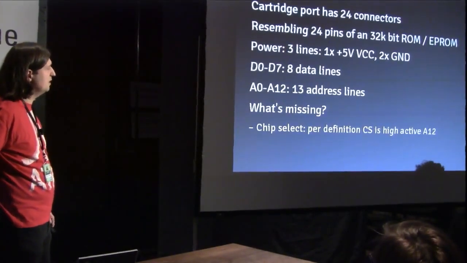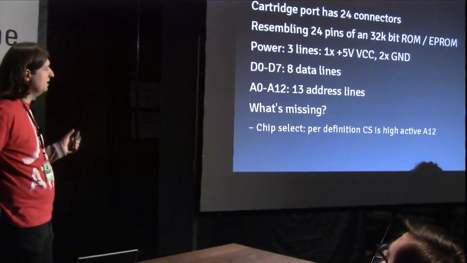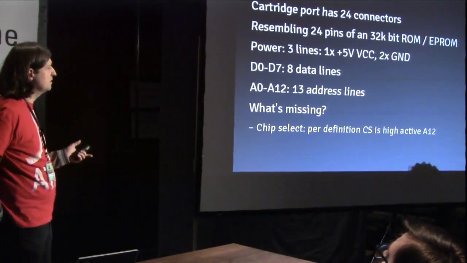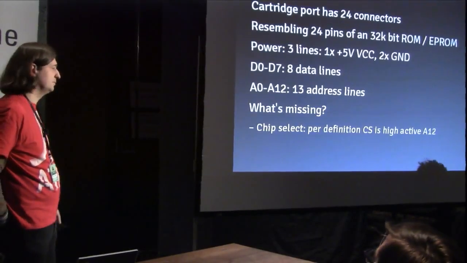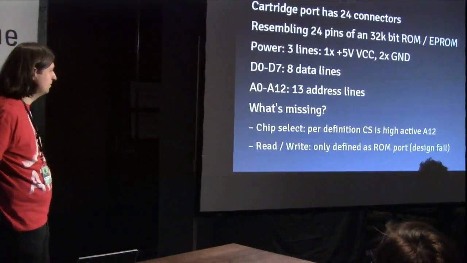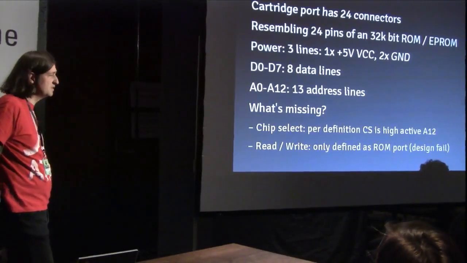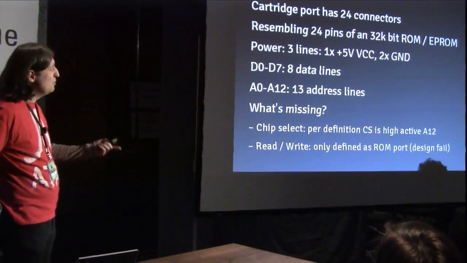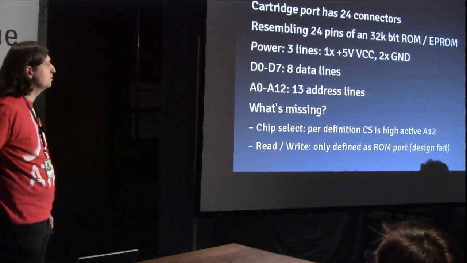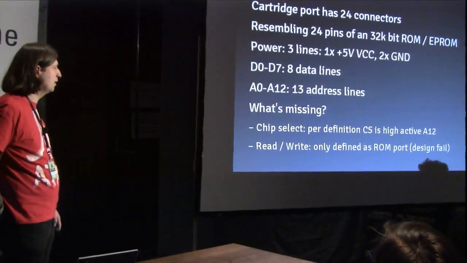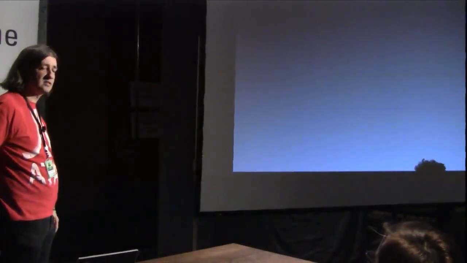There were modules that had an EEPROM and an inverter just to get that chip select. And the most missing part is the read-write line. So this is only a read. There were 2 ground lines, and it's a bit of a shame that they didn't use one of these lines for a read-write line. It would have made things so much easier.